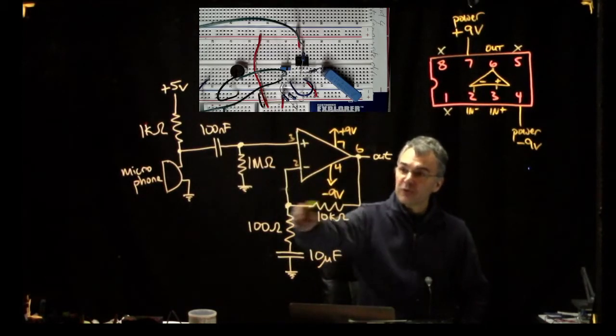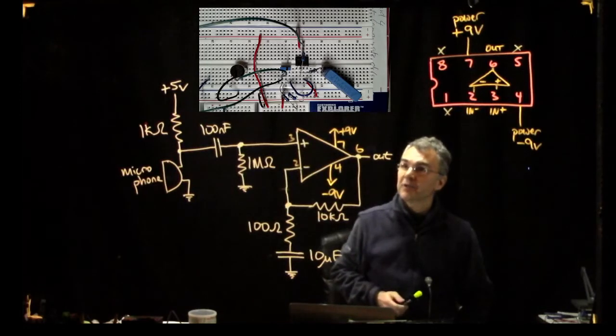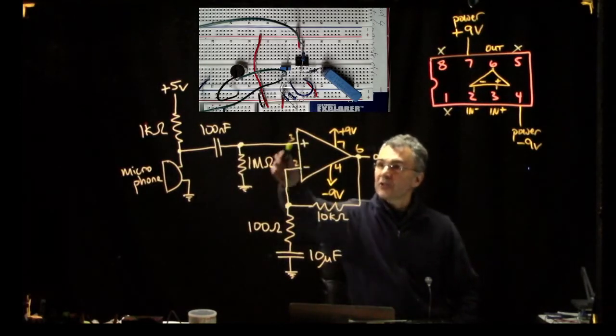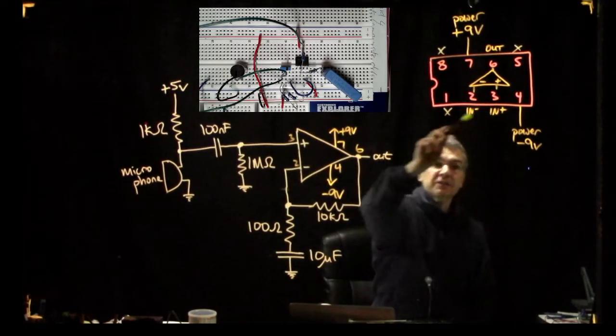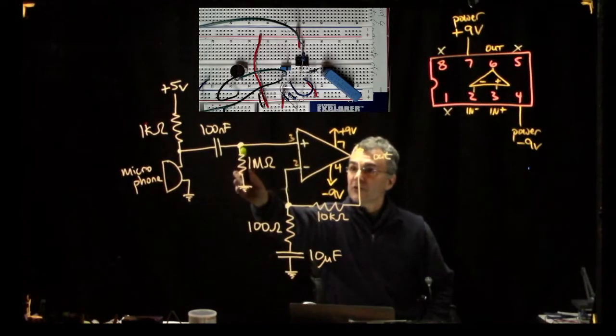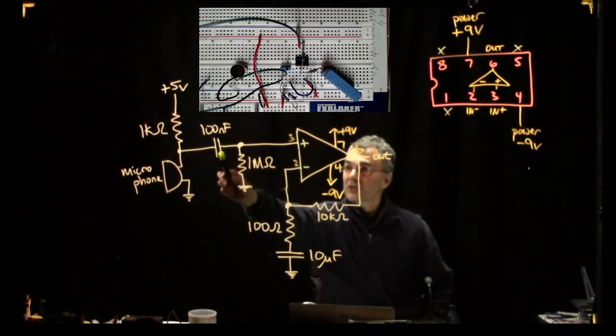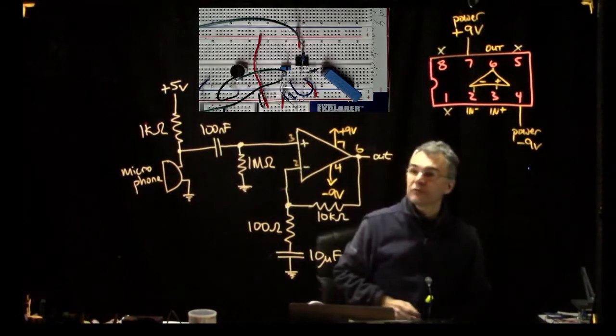The feedback is always through the inverting input, but we put the non-inverting input up top in this case. So the input is coming in through pin 3, the non-inverting input. Then looking to the left, we'll see this 1 megaohm resistor, this 100 nanofarad capacitor, and then farther to the left we'll see the microphone.